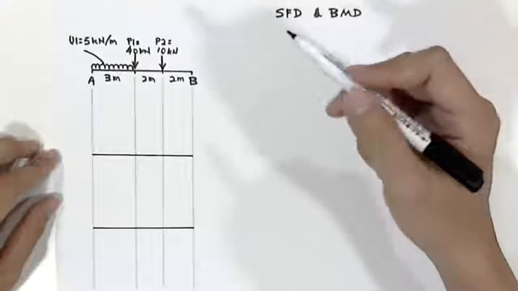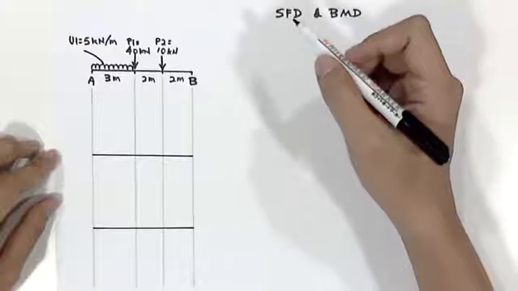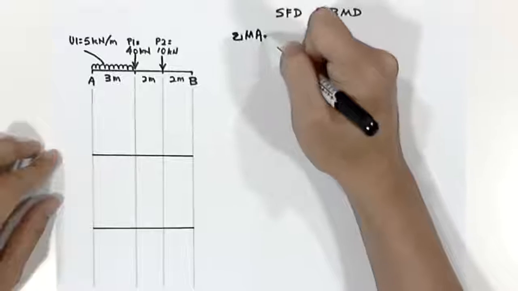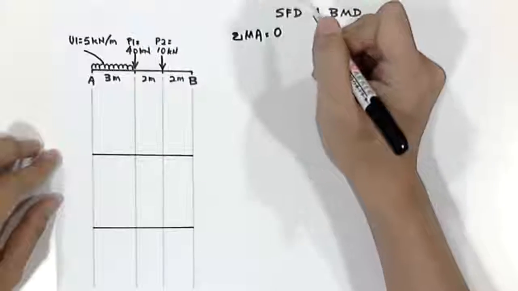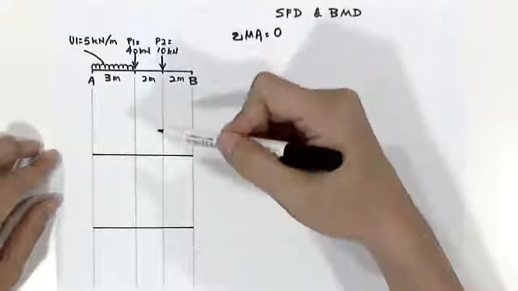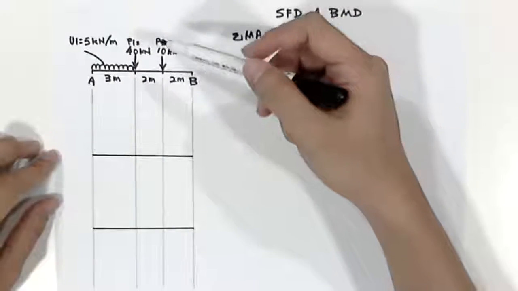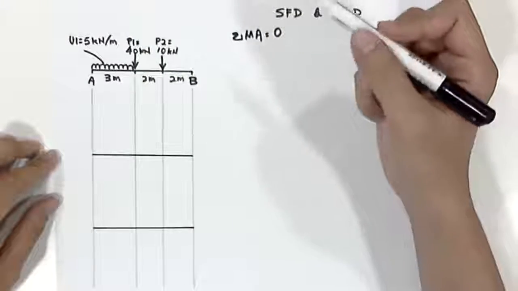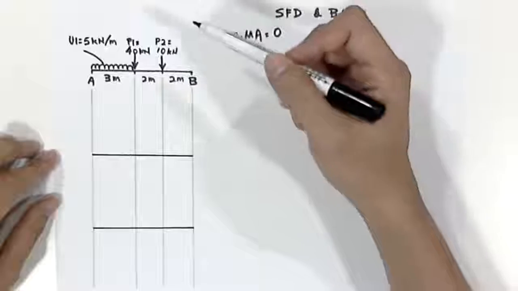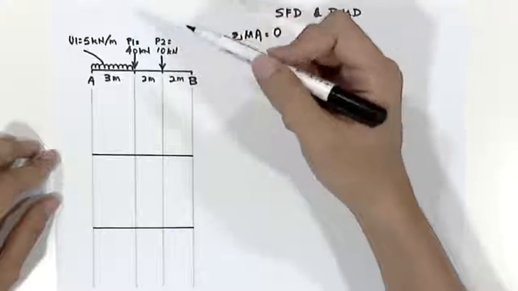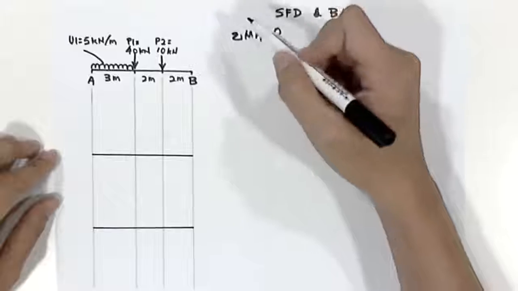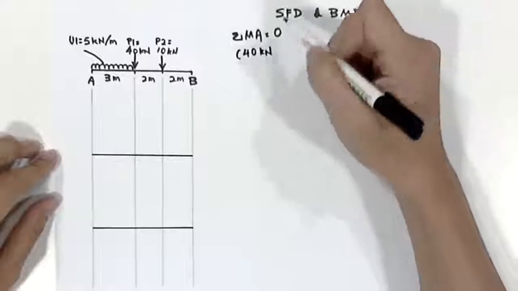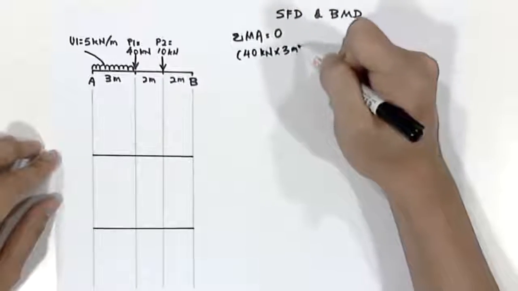So by following the equilibrium formula, we know that sigma MA equals to 0. So we'll go into calculating all the moment that will act on point A. The first moment will be coming from P1, which is 40 kilonewton times 3 meter.